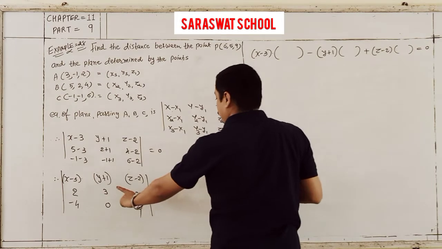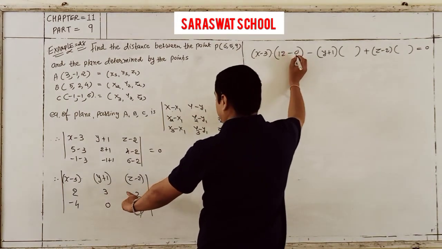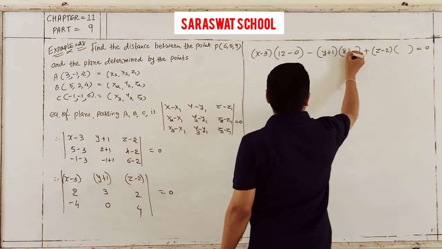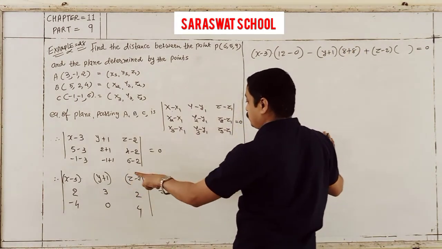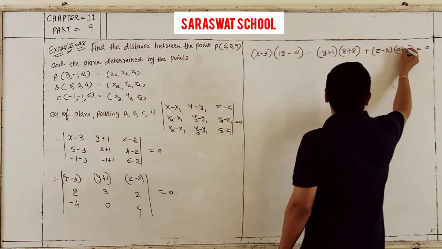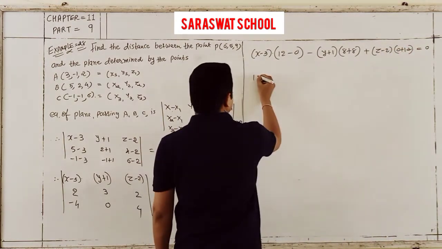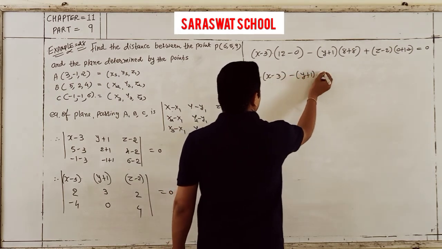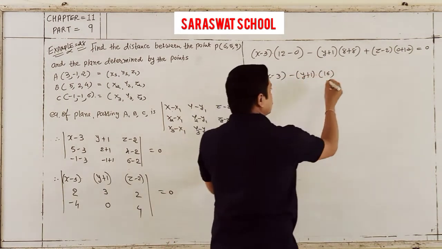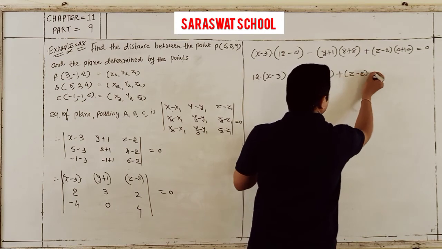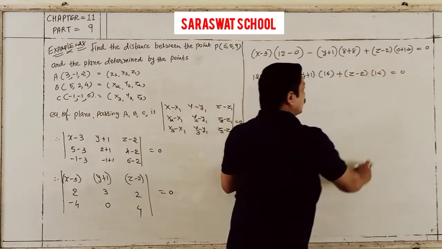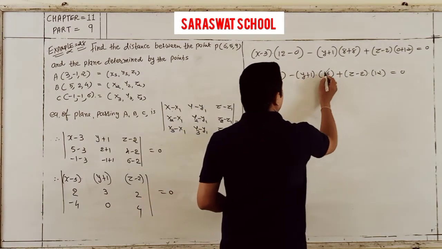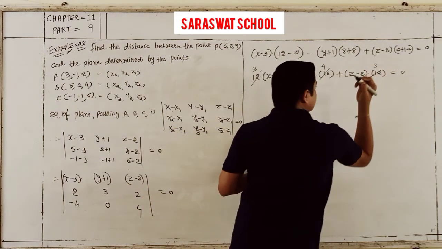First calculate: 4 times 3 is 12 minus 0. Now 4 times 2 is 8 and 4 times 2 is 8, and lastly 0 plus 4 times 3 is 12. So my answer is 12 times x minus 3, y plus 1 times 16, and z minus 2 times 12. Overall the 4s cancel.